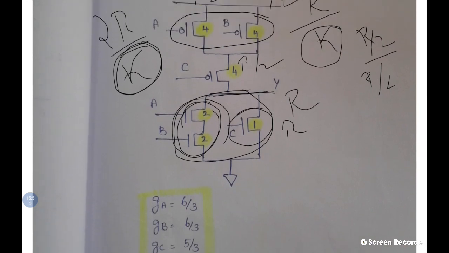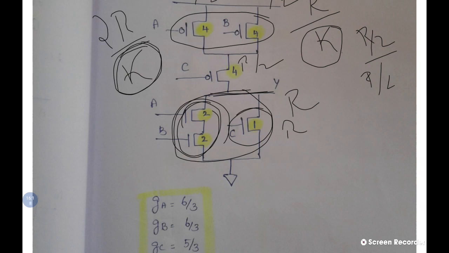logical effort. The logical effort, as I said already, we can calculate at each and every input. So GA is the logical effort at the A input. At the A input you have to see what is the input capacitance and what is the normalized inverter's input capacitance.